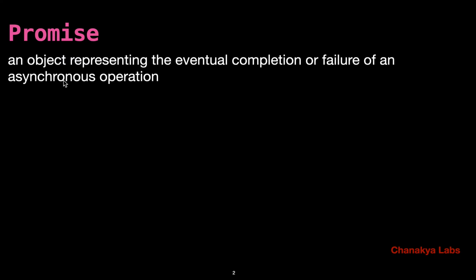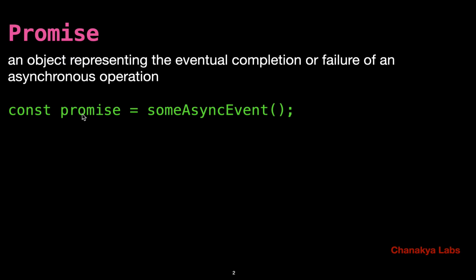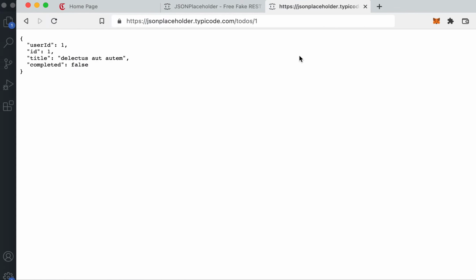Now let's see how we will go about it. So this is the first thing, that some asynchronous event is going to happen. Let's say this is some function, and inside this function something has triggered. Let's say I want to trigger a network request to get the data from this URL.